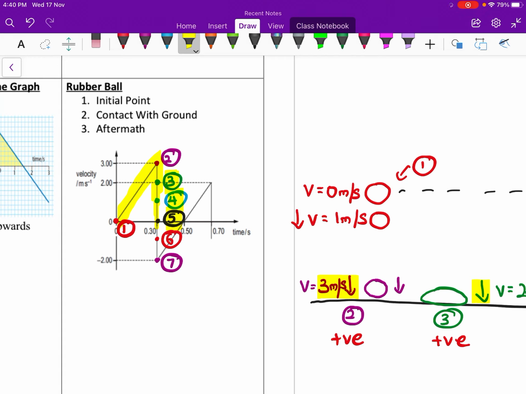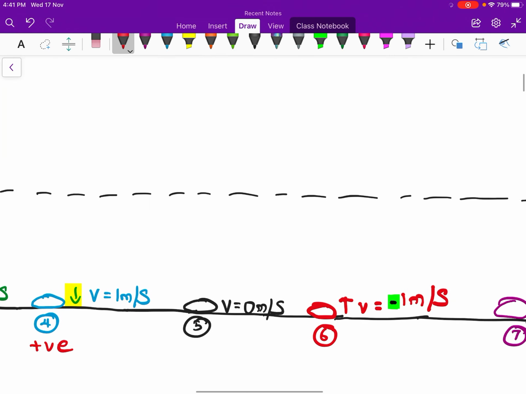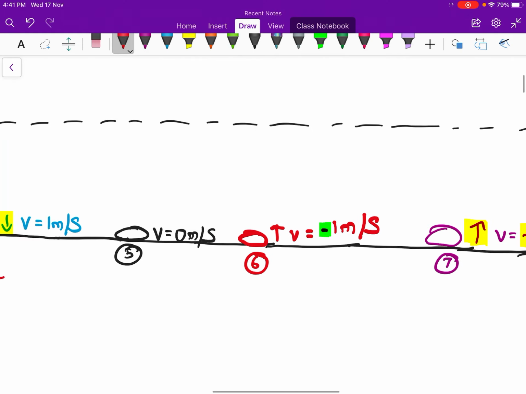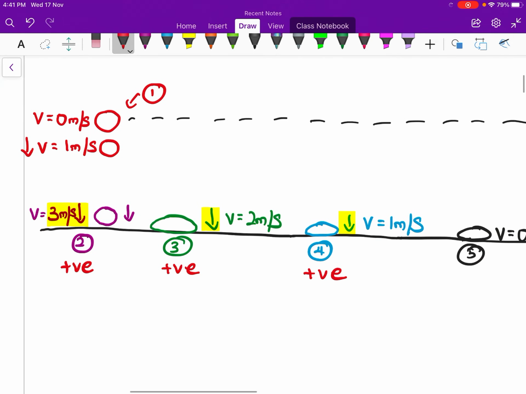After point number 5, we move on to point number 6 and point number 7. What is happening during this region? At point number 6, you can see that the velocity is negative 1 meter per second. Negative just denotes the direction. Just now I said that downward is positive.